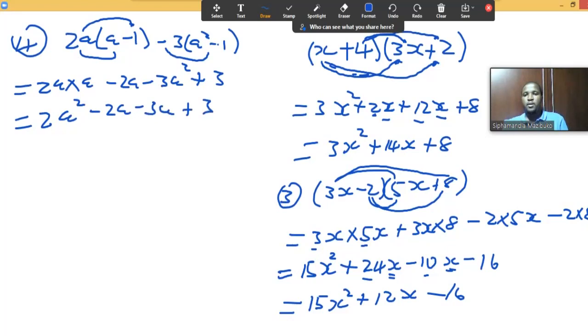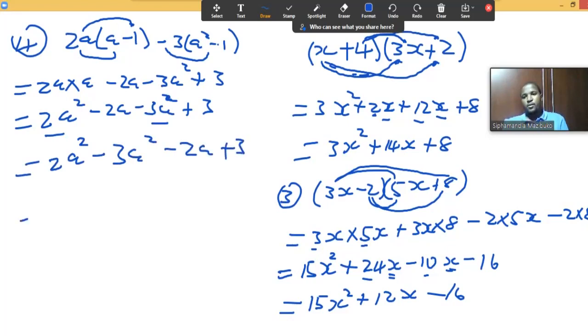So what should happen here? You see we have two terms that have squared, this term and this term. That means we need to add them, we need to put them together or closest to each other. So we have 2a squared minus 3a squared minus 2a plus 3.